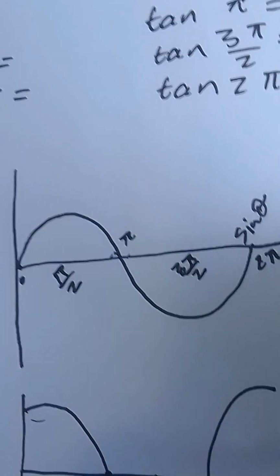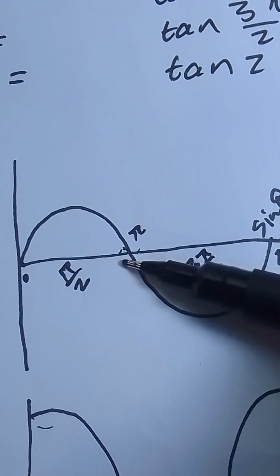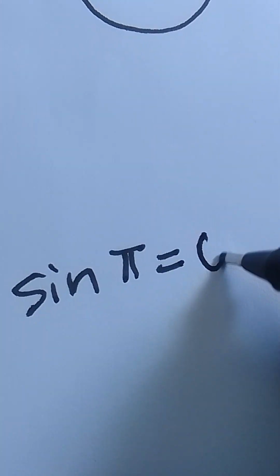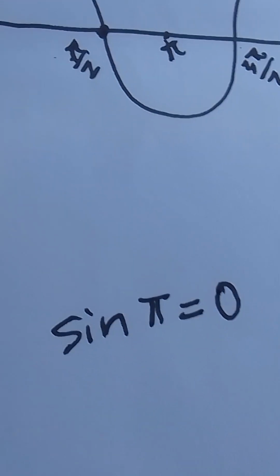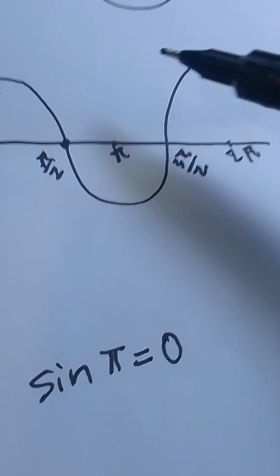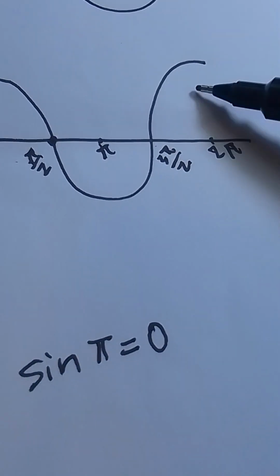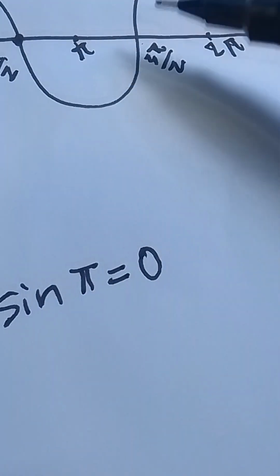So as you can see here, at pi, this is 0. That's how we recall this. Say 0. And then now you're done. You should be able to get most of these, because you just have to imagine the graph. For cos, you have to say -1 if it's pi, because you remember the graph.